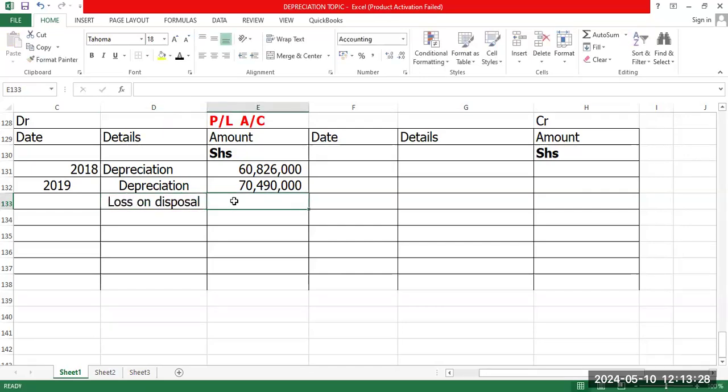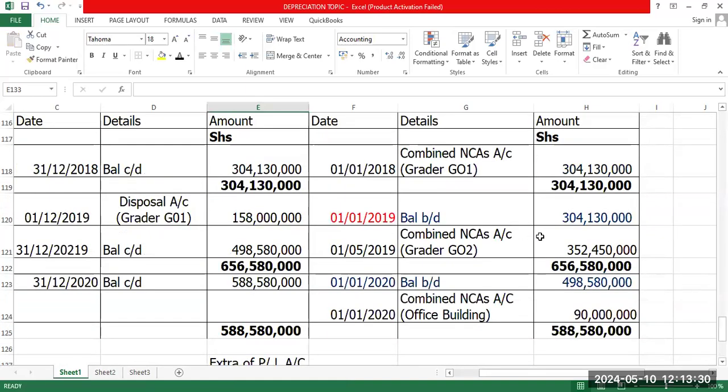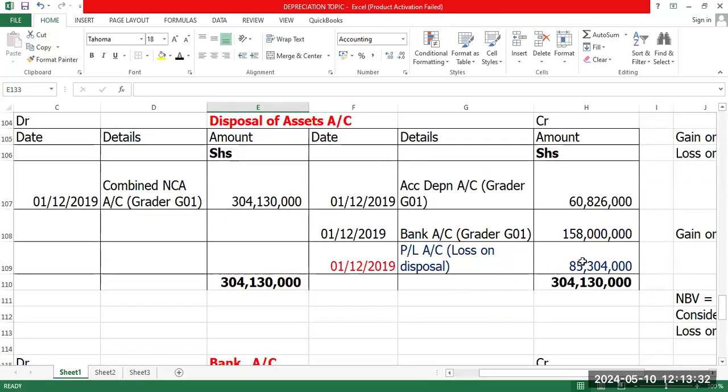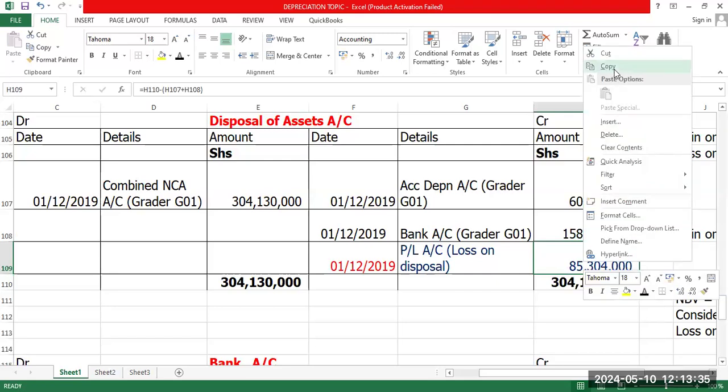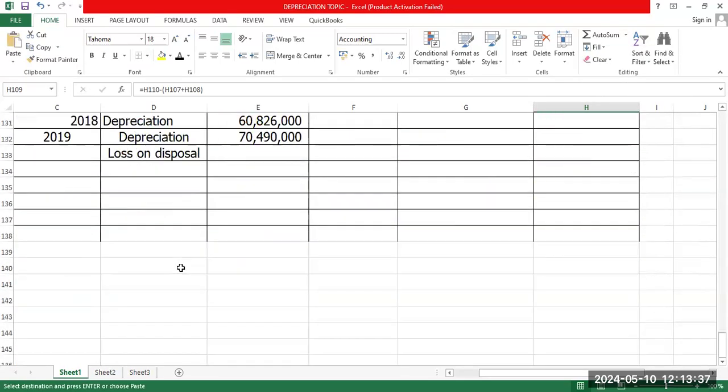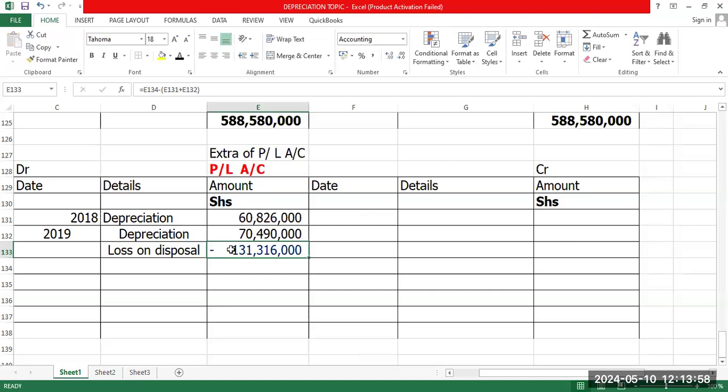Just put the amount here. What was the loss on disposal? We know loss on disposal is actually like an expense. What is the value? It is this one, eh? You record it as positive.